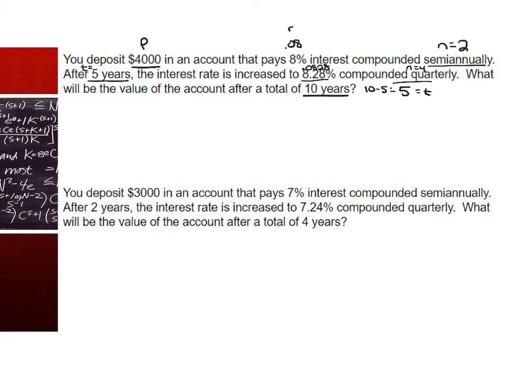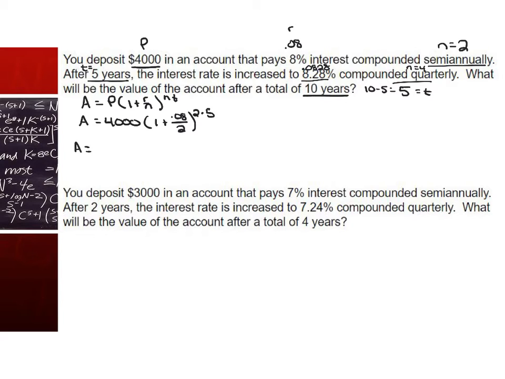I'll show you what I'm talking about. I'm going to use the compound interest formula, the future value, to find A. P is 4,000 times 1 plus R, which is 0.08, over N, which is 2, to the 2 times 5 power, for 5 years.